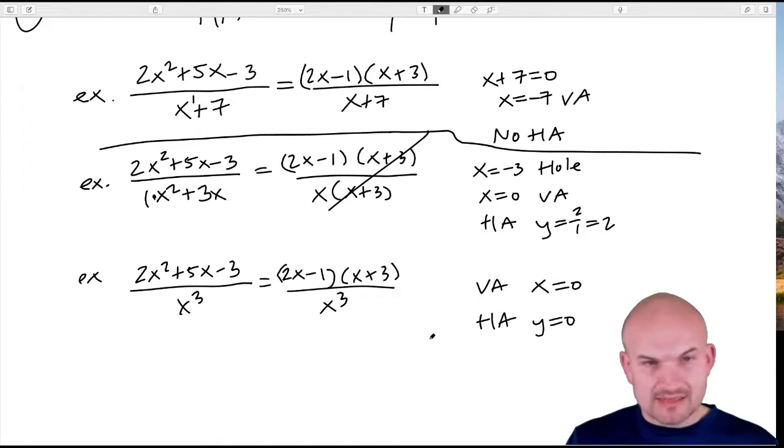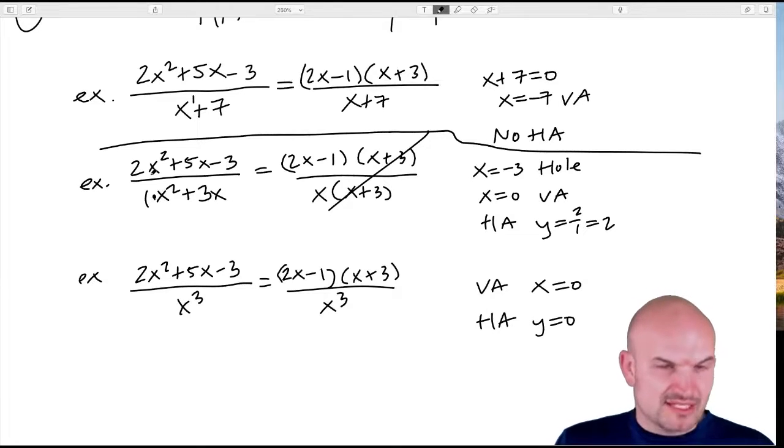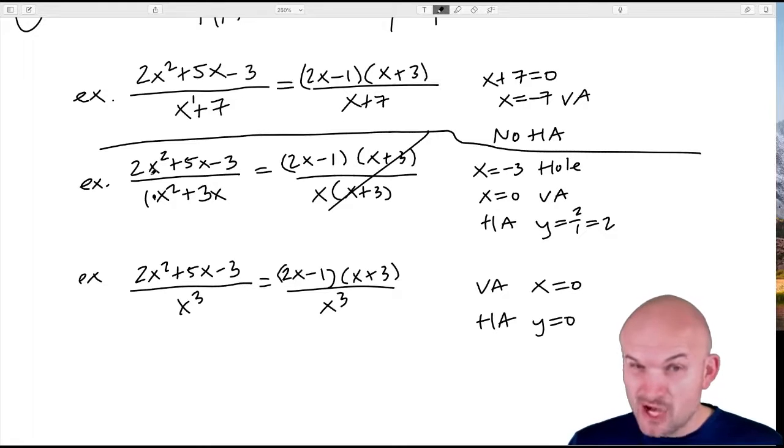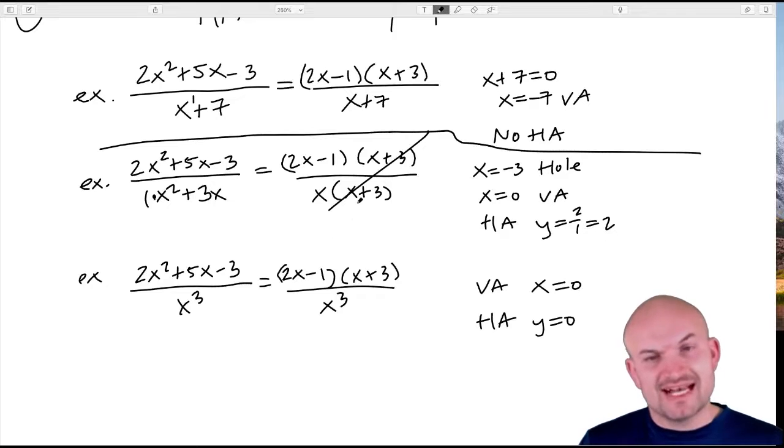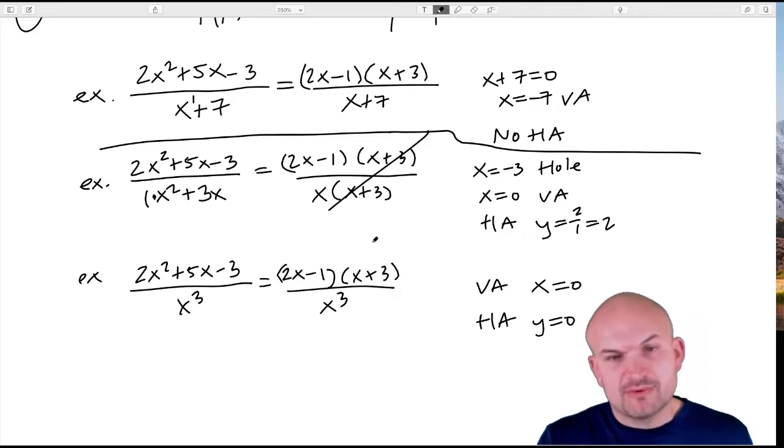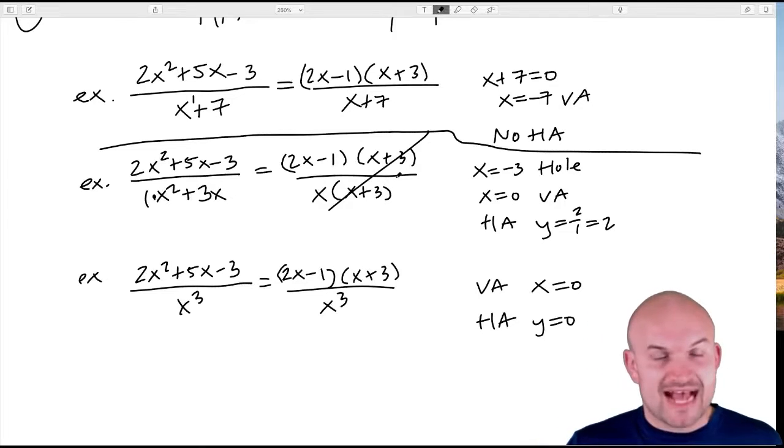So to summarize, when you're looking to identify the vertical asymptotes, you basically just want to set the denominator equal to 0 and solve. You just want to make sure that whatever factors you have in the denominator do not evenly divide into the numerator, because then that's going to be a hole, a removable discontinuity, rather than a non-removable one, an asymptote.